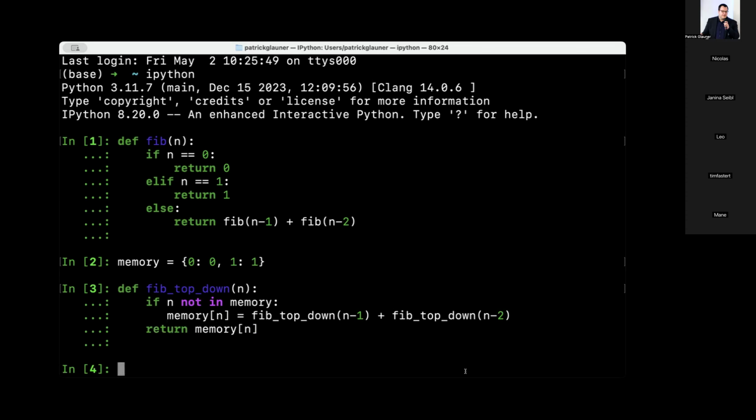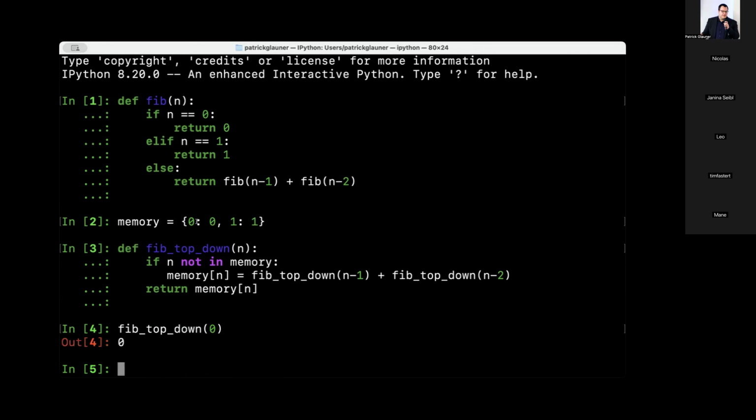And what we're doing here is, we have just built our own cache, because this now is in a global context. And when I'm calling fib top down on 0, it just checks here, is this in the memory? And it is, so this line is ignored and we're just returning from the memory.